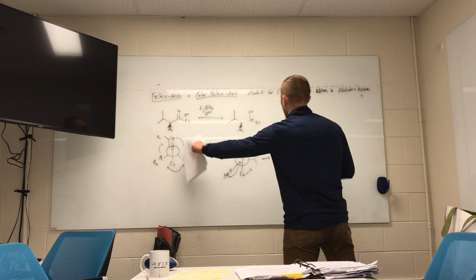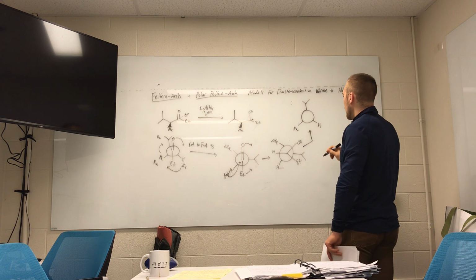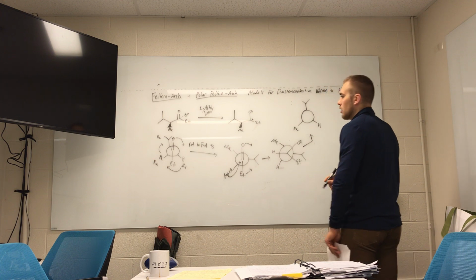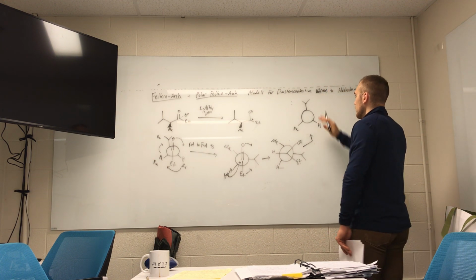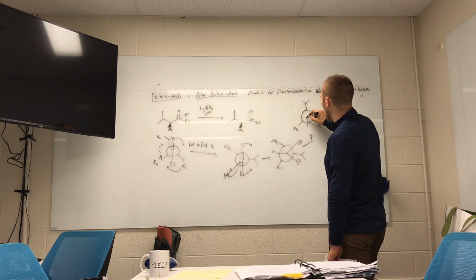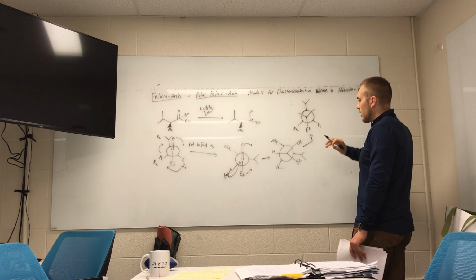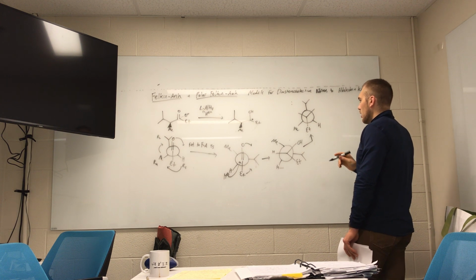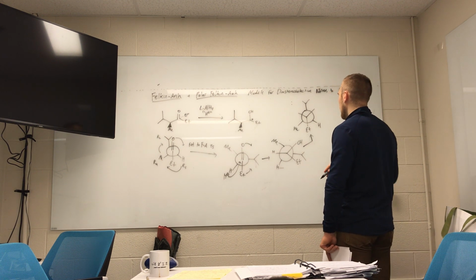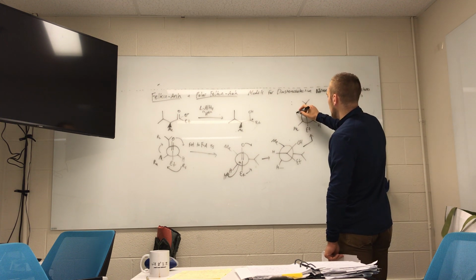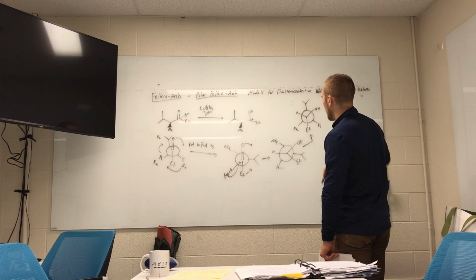So we were given it like this, so I put it back like that, and now we put our longest carbon chain in the plane, anti to our largest group, which is our isopropyl. In this case, our largest group will be the ethyl. So if I put my ethyl anti to that isopropyl group, my hydrogen is going to end up here. My OH will end up there.